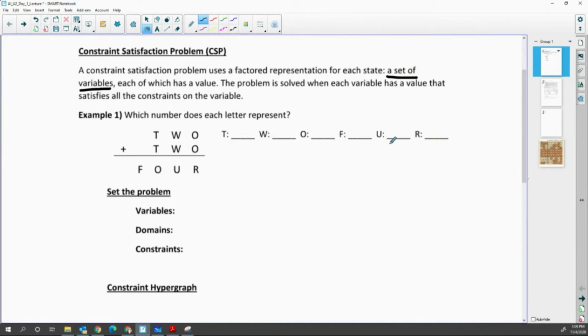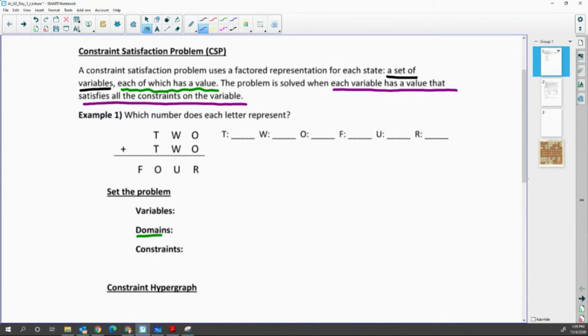Then, to solve the problem, you have to have a domain. Each variable will have its own domain. And constraints are there. So you have to find a value for each variable that is the goal, one that satisfies all the constraints on the variables.